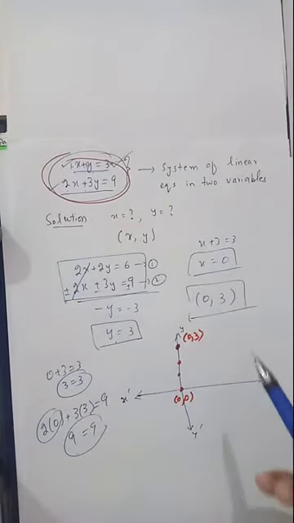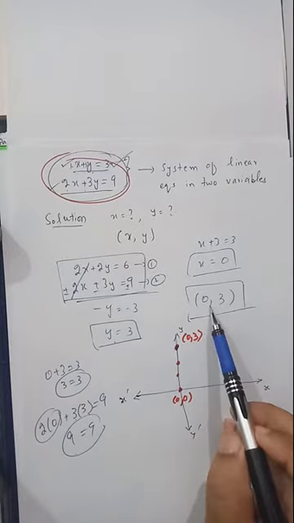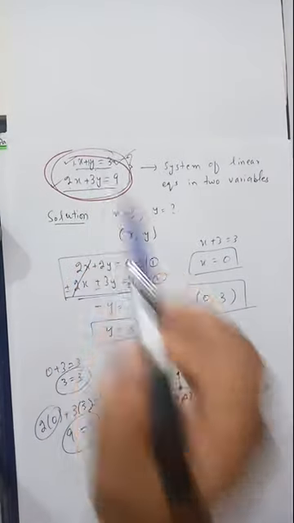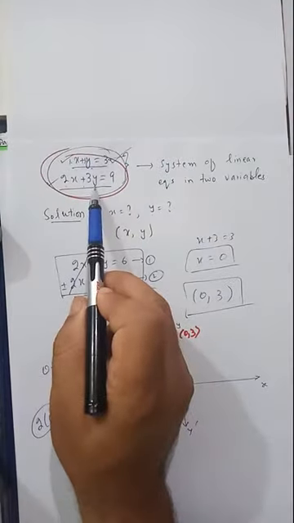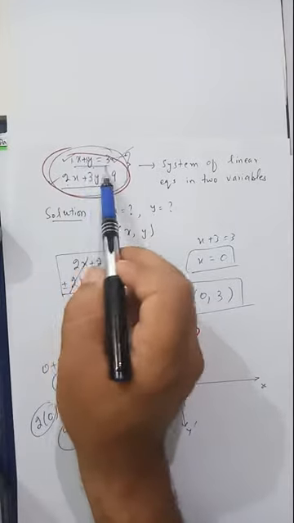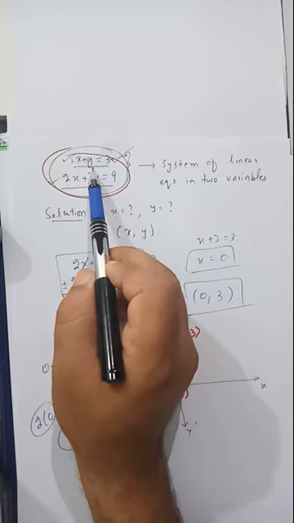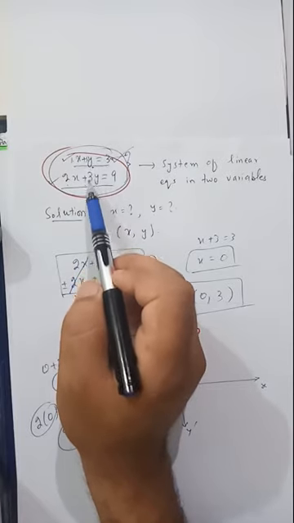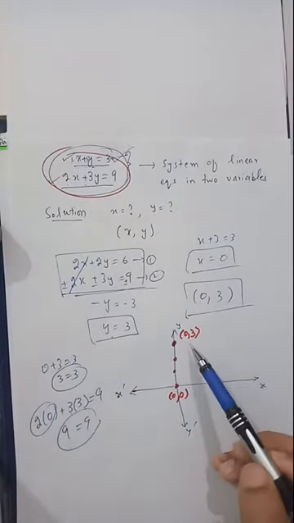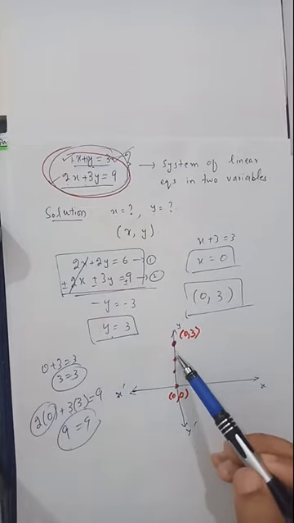What does it mean? It means that this point must lie on this line as well as this point must lie on this line, because you know that these are linear equations in two variables, and a linear equation in two variables represents a straight line. So both these straight lines will pass through this point.